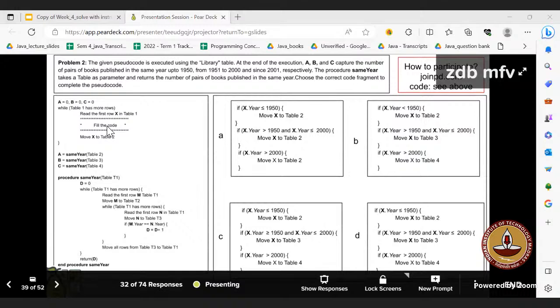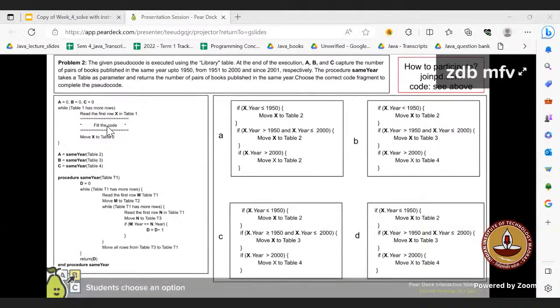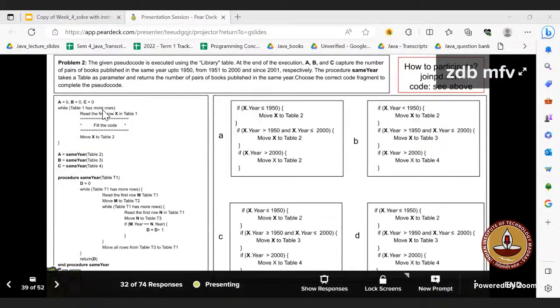What does table 1 have? It has all the books. That means books can be published in the year 1920, 1929, 1940, 1950. All the books up to 1950 go to table 2. Table 3 will have the books between 1951 and 2000, that means 1951, 1952, 1953, 1960, 2000, all such books.